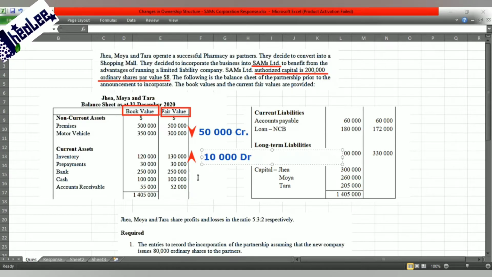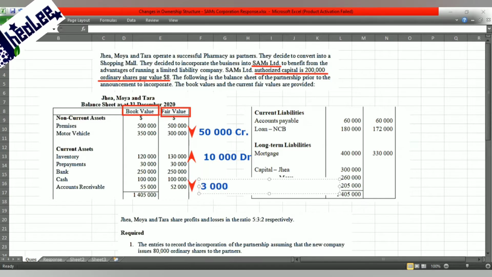Bank, there's no change. Book value and fair value are the same. Cash, no change as well. However, for our accounts receivable, our book value was 55,000. Now it is 52,000. So there is a reduction of 3,000. Accounts receivable is an asset and there's a reduction, so you're going to credit.